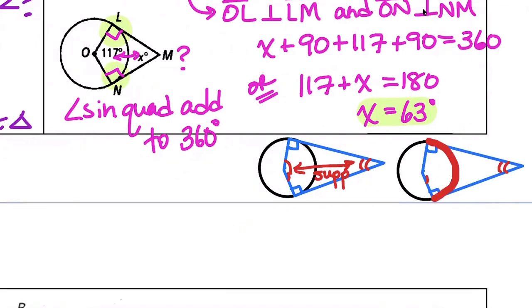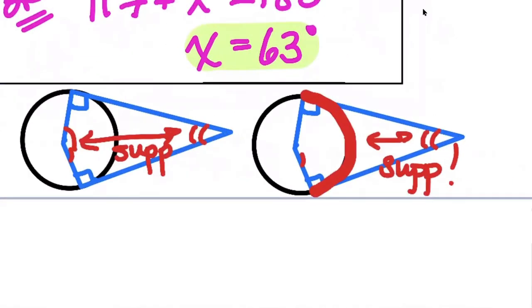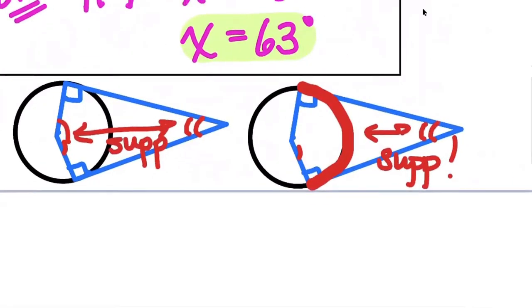So like if this was 117, that means that arc measure is also 117. That means that the arc and that angle are also supplementary. Now, that's only if they're two tangents. They have to be tangents for that to be true. So it has to be hitting at points like that and creating from the center to a point on the outside. Okay, the arc and that angle are supplementary only if those are both tangents.